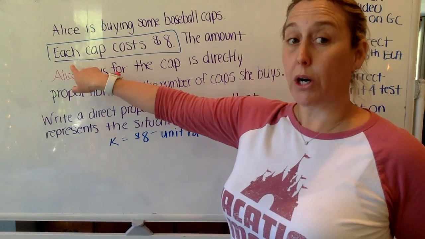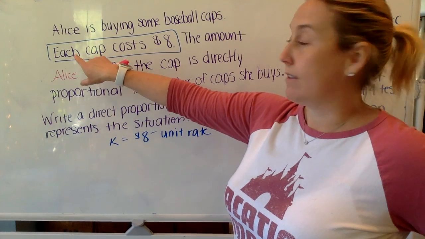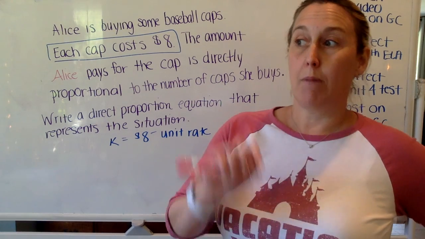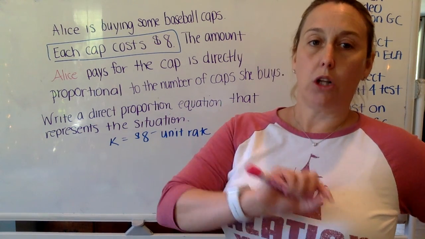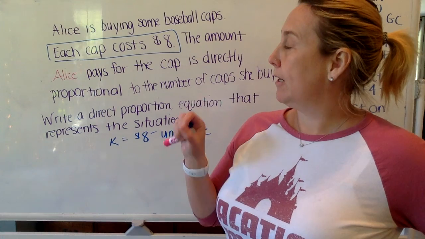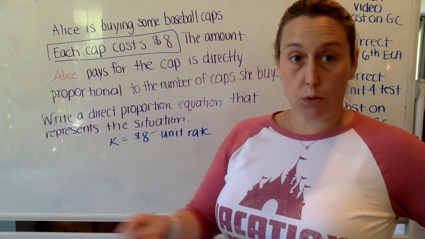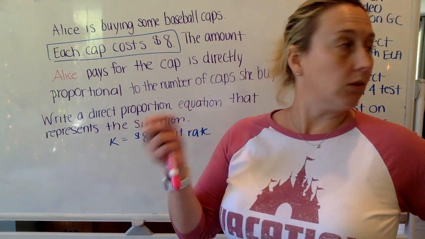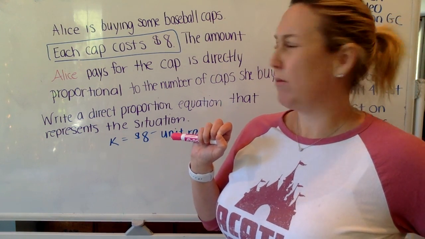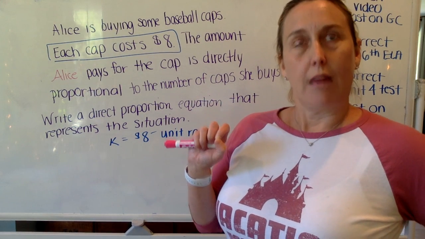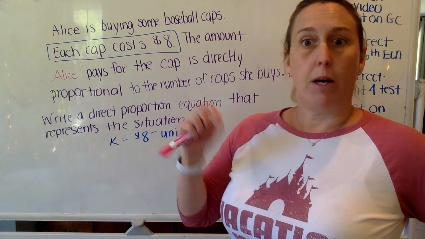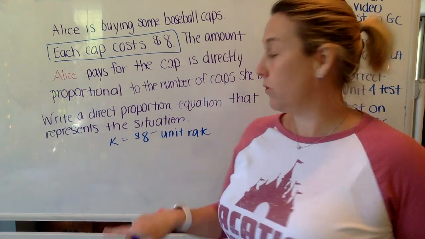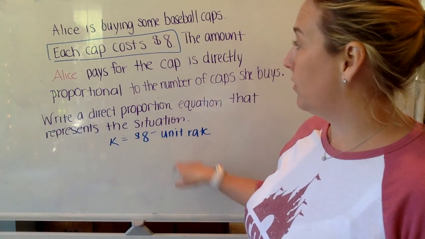If it says each or per, it is telling you it is a unit rate, like heartbeats per minute, miles per gallon, dollars per pound, or each pound costs $2, or each gallon is 13 miles. Each minute my heart beats 70 beats per minute, right? So each or per tells me it's a unit rate. So K is $8, that's my unit rate.